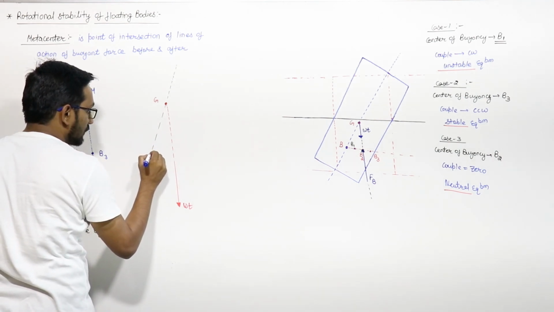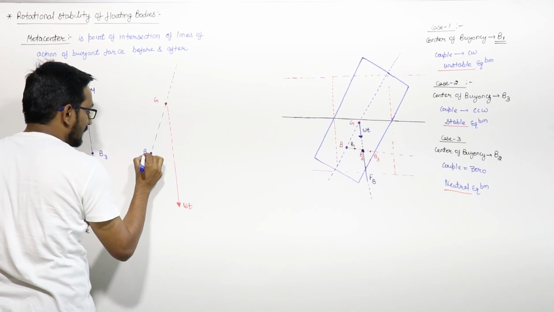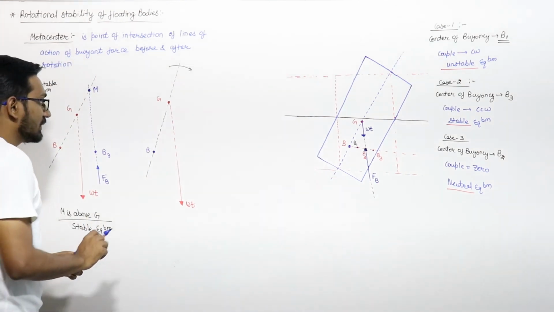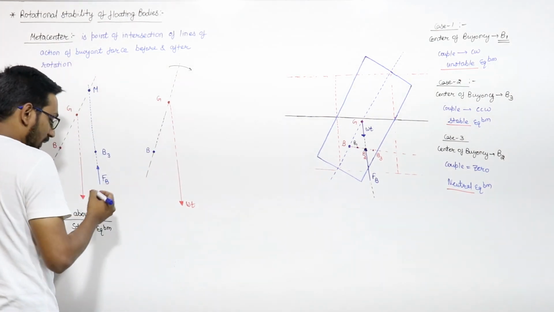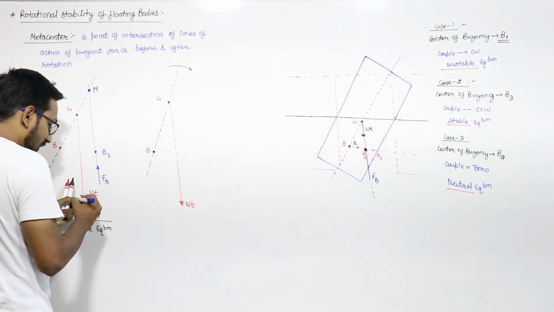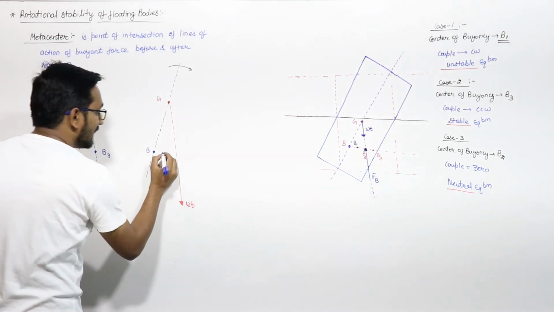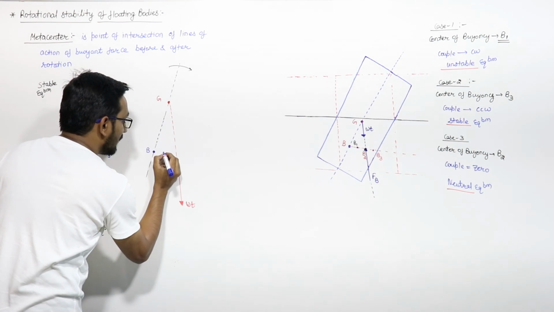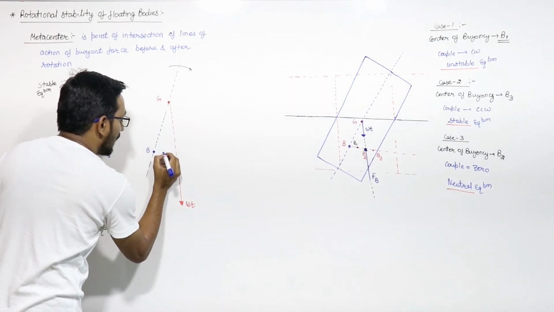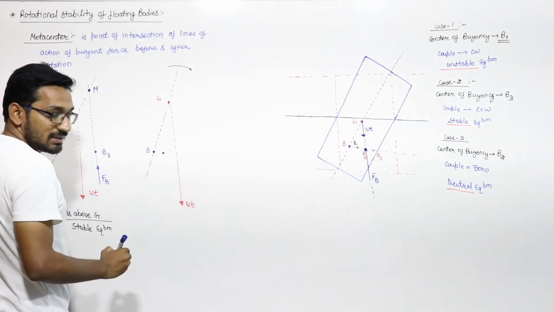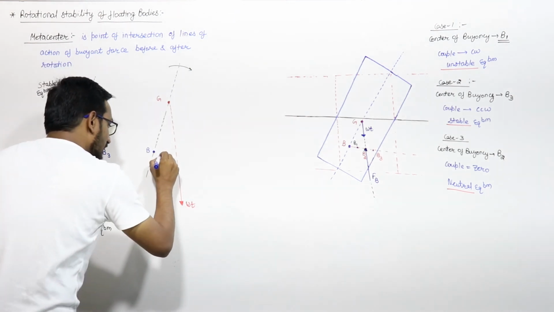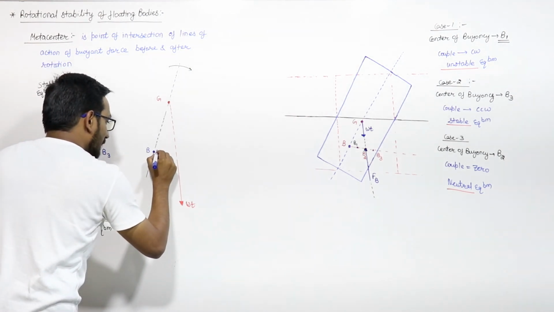Let us say this is the initial center of buoyancy, and the final center of buoyancy is at B1. It shifts to this point B1.